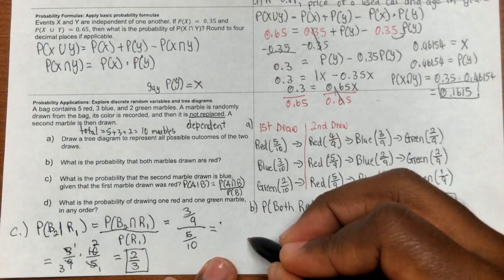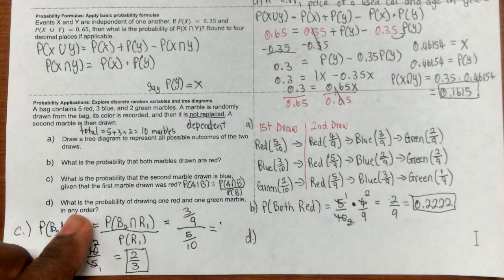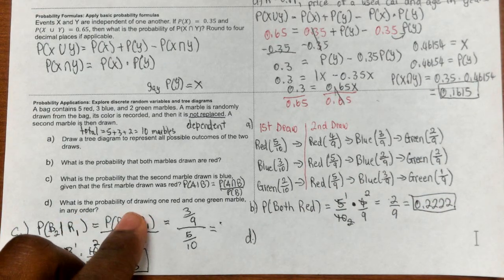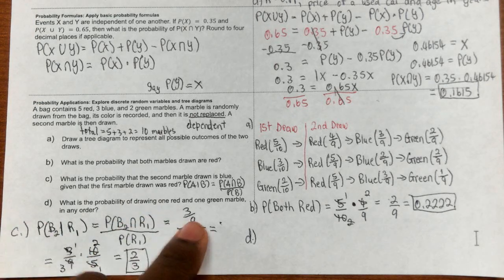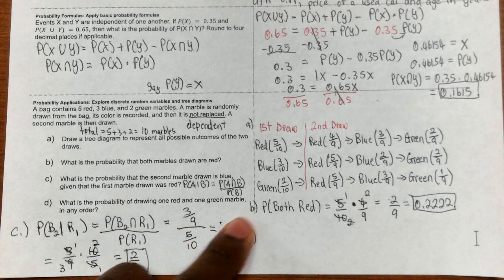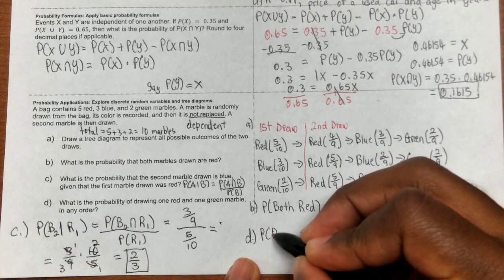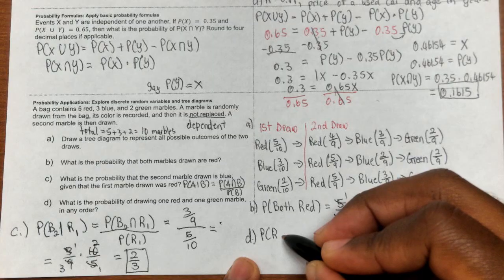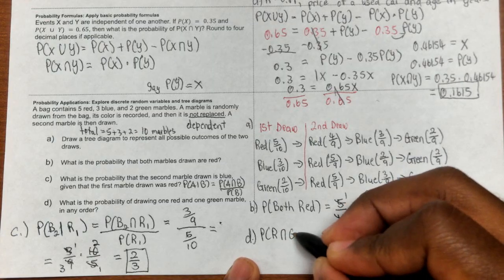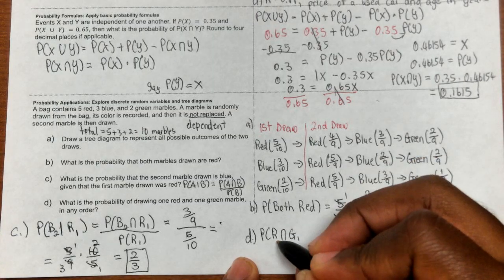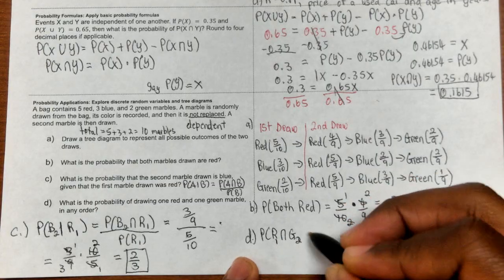Okay, so let's do part D. Part D says, what's the probability of drawing one red and one green marble in any order? So I need the probability of drawing a red and then a green. Say I draw the red one first and the second one is green.